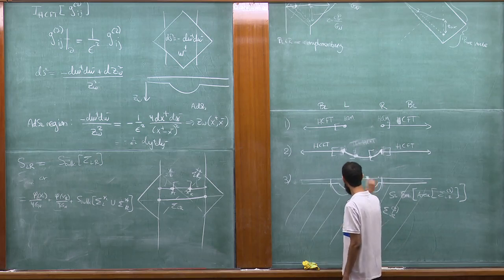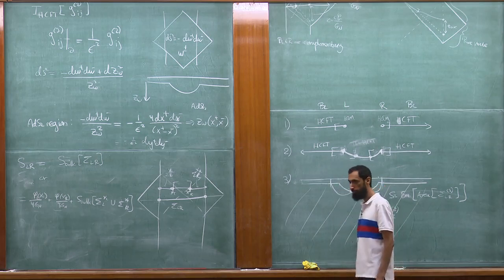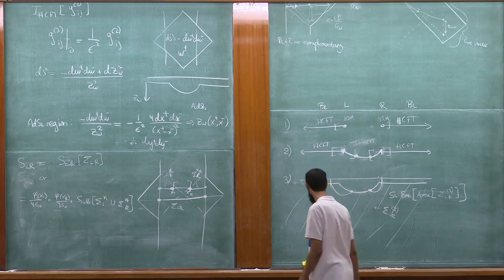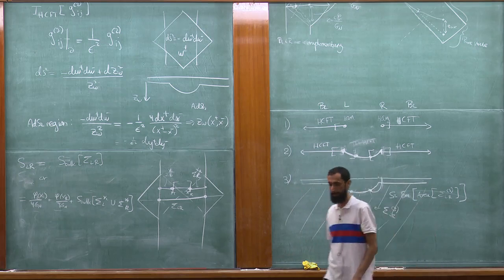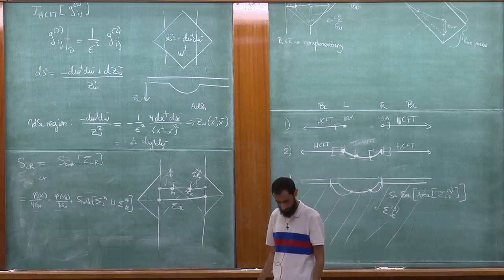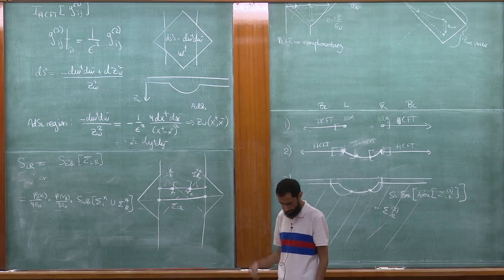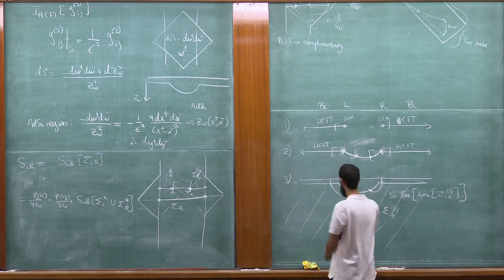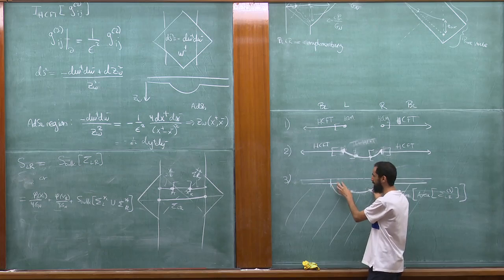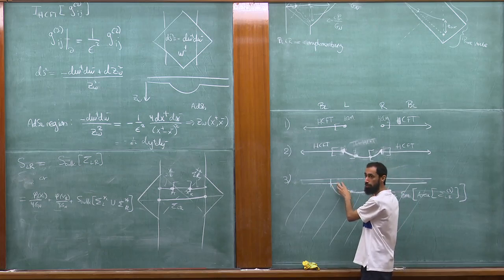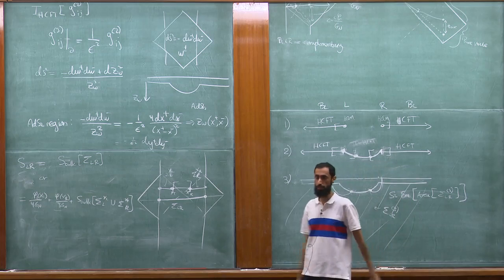This region is dual to LR, right? That's dual to LR. Why is that dual? Because this is the entanglement wedge of L, and this is the entanglement wedge of R. Or, sorry, the union of these two regions is the entanglement wedge of LR. So by the same reasoning.